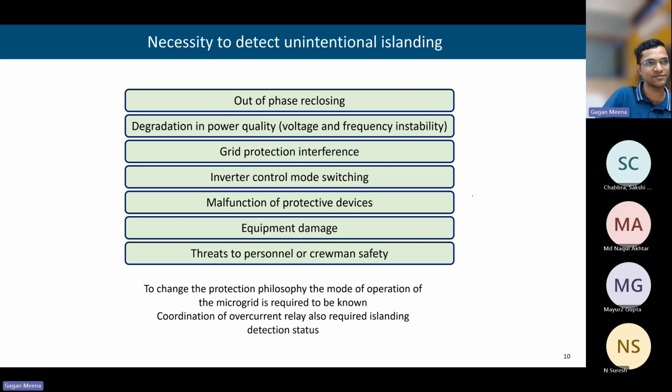Let's say there is a fault on the main grid side, and those who are working to isolate and mitigate the fault don't know that this circuit breaker is still open, and that there is some power supply from this microgrid also.